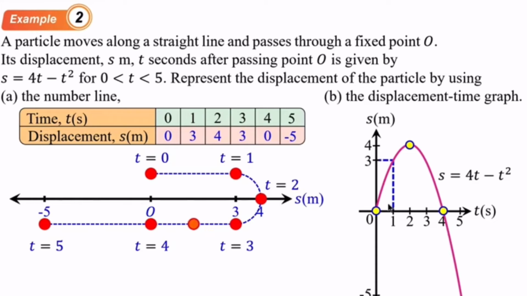When t equal to 1, the displacement is 3. When t equal to 2, displacement is 4, that is the maximum displacement. When t equal to 3, we get displacement 3 again. When t equal to 4, the particle passes through the fixed point. And when t equal to 5, the particle is at negative 5 meters.